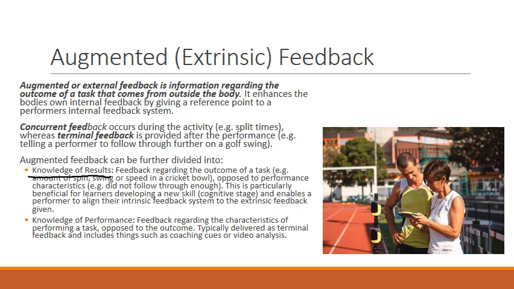Knowledge of performance is feedback on your performance as you're executing the skill. So it might have been maybe how much you turned your hand as you were bowling, or it might be related to how fast the rotation of your arm was as you were bowling, or maybe the height that you released the ball. So knowledge of results is good for people in the cognitive stage when they're learning a new skill.